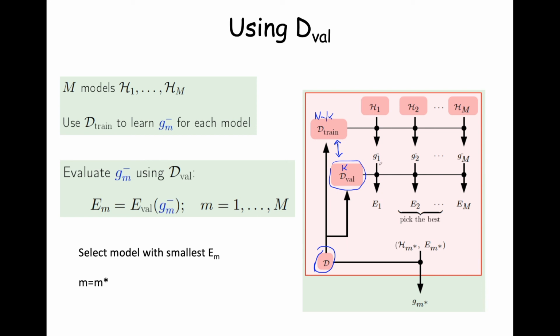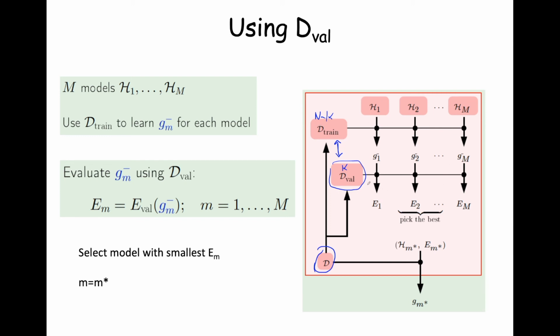So here, as the result of training on D train, we have a limited final best hypothesis, and we noted that with this minus sign. So here, g1 minus is the limited final best hypothesis for the first model, training on D train. Likewise, g2 minus is the limited final best hypothesis as a result of training the second model, H2, on D train, and so forth.